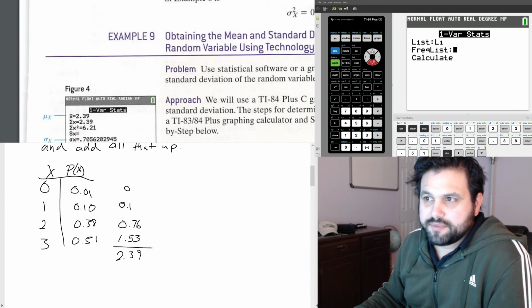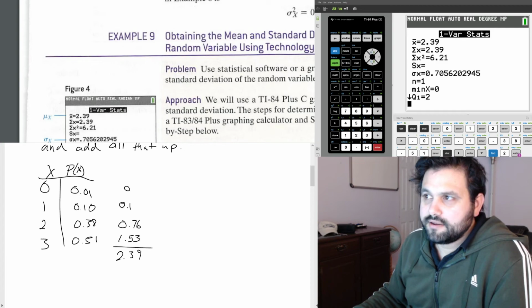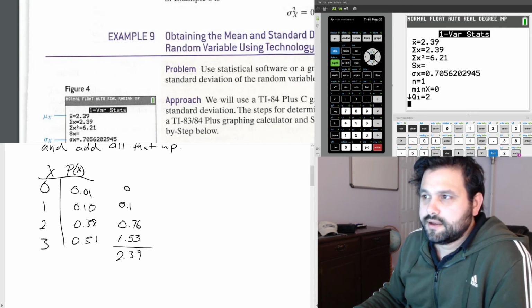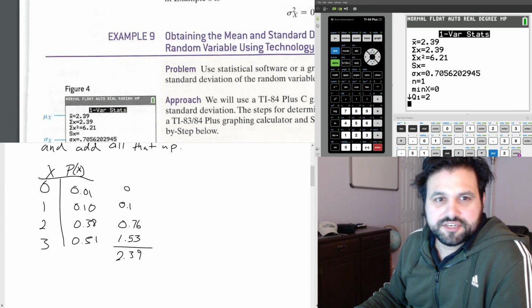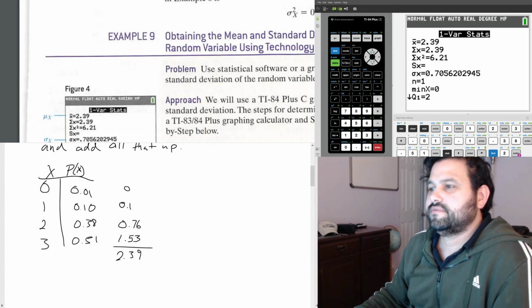If you guys remember, that means you have to press second 2. So second 2 brings up L2. And now we can go ahead and enter to calculate that. And there's our average of 2.39, which we found by hand. And there's the standard deviation of 0.70562022945.